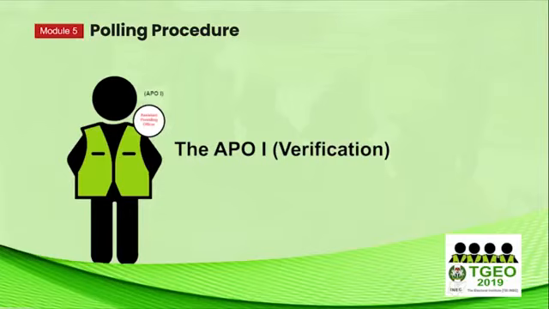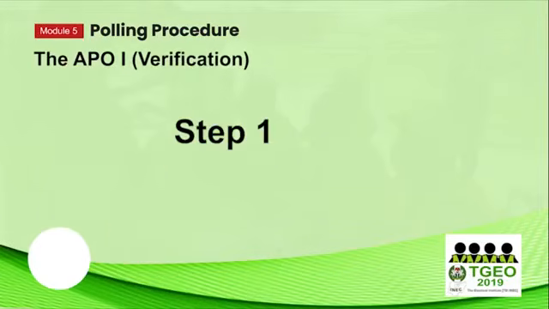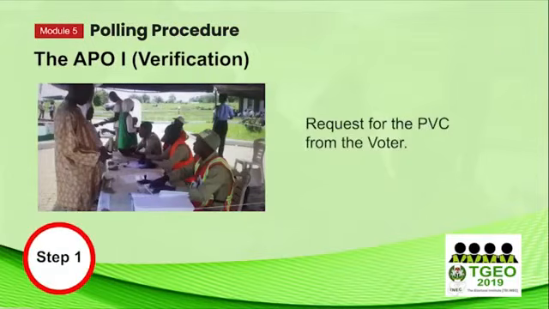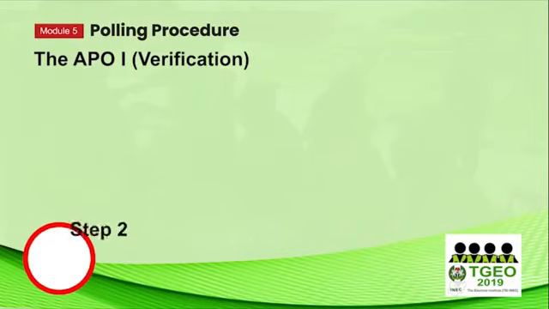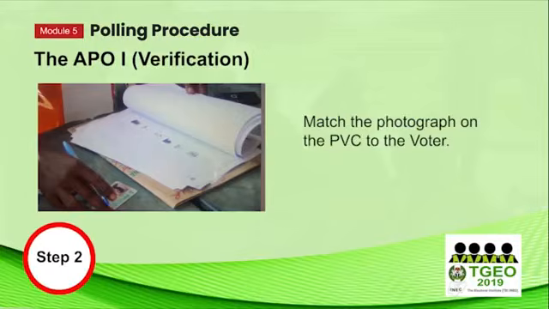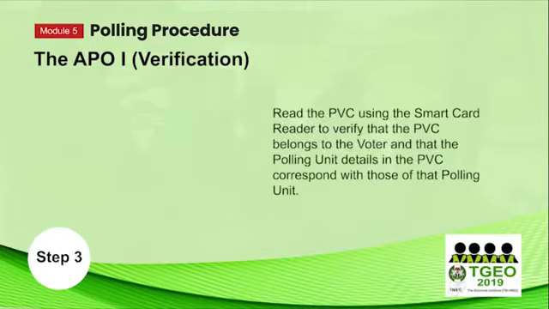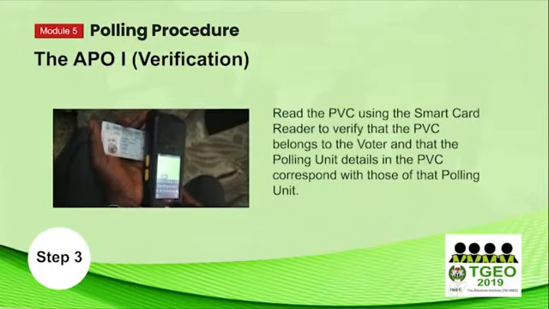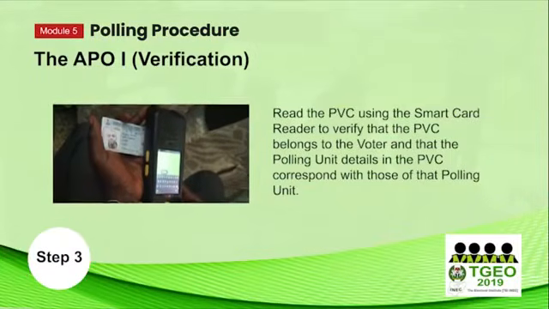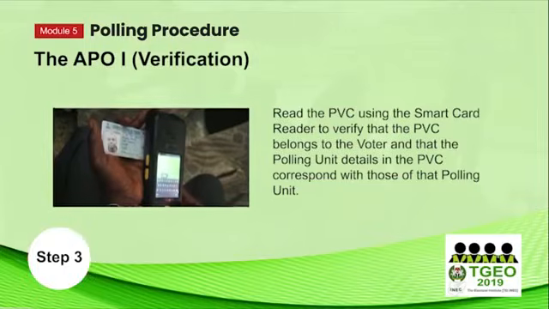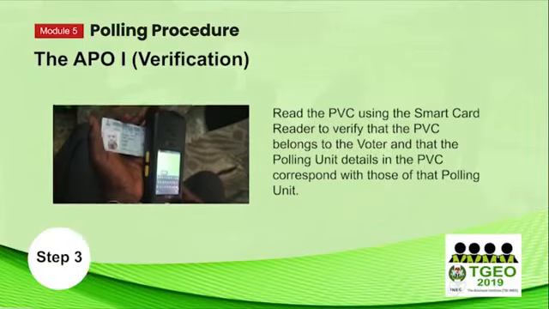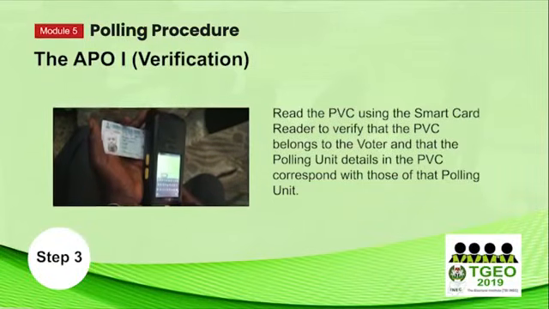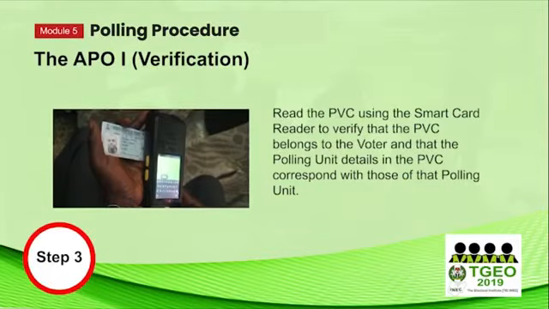APO1 verification shall: Step 1. Request the PVC from the voter. Step 2. Match the photograph on the PVC to the voter. Step 3. Read the PVC using the smart card reader to verify that the PVC belongs to the voter and that the polling unit details in the PVC correspond with those of that polling unit.